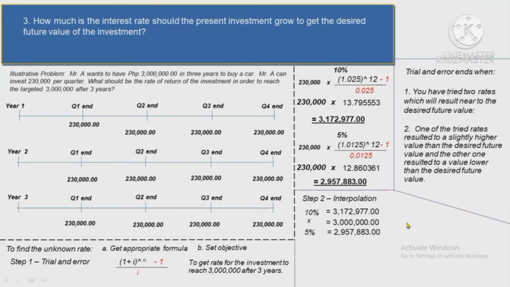The question is, how do we do that? Focus on the tried rates. So we have 10% and 5%, and then get their difference, which is 5%. If we express that in an equation, it means to arrive at the second tried rate, you're going to deduct 5% from the first tried rate.